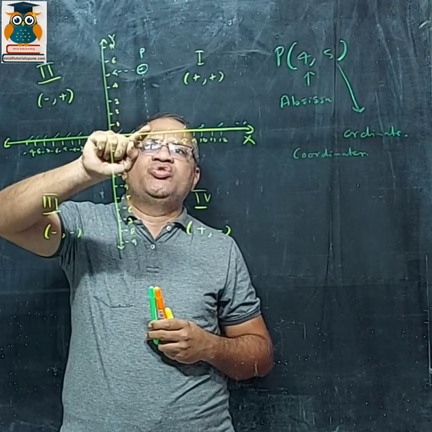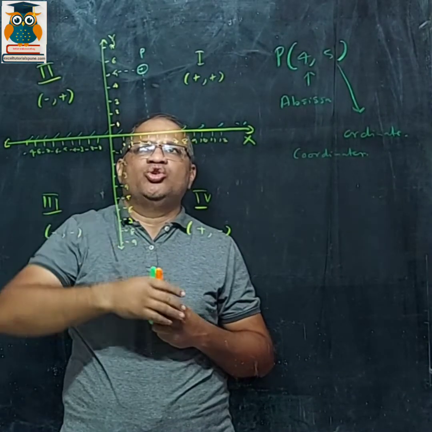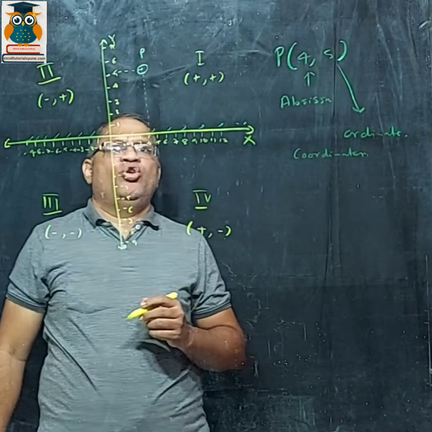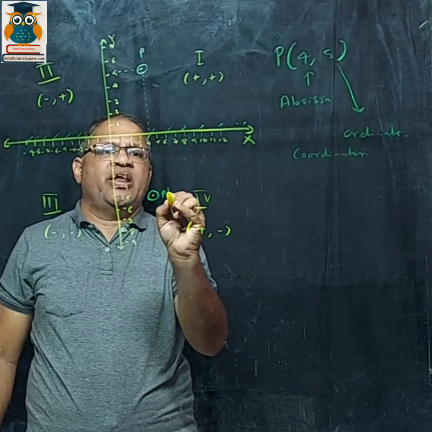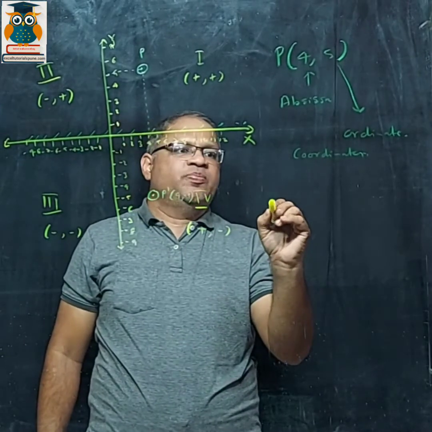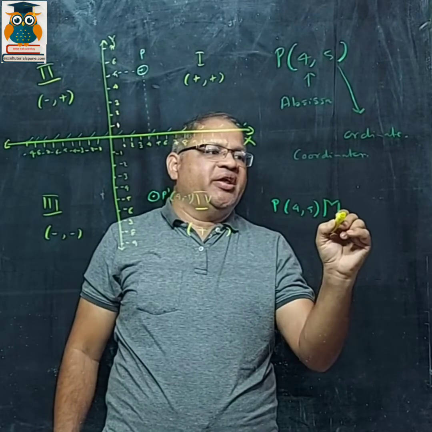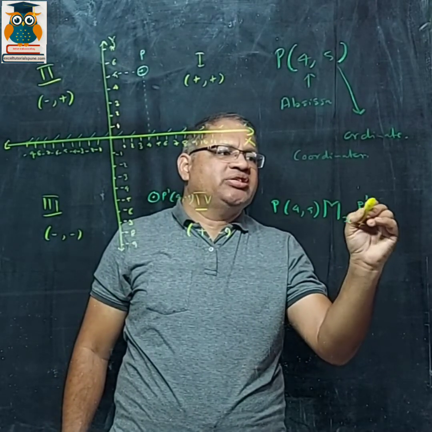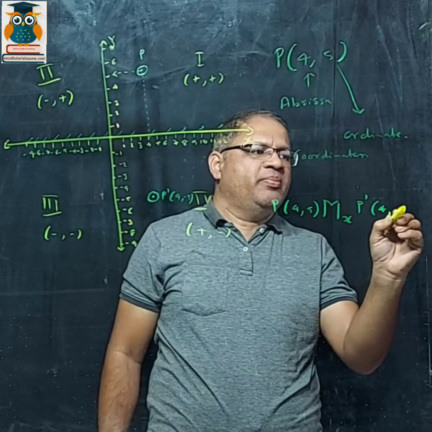How much ever distance from this side, that much distance within the mirror. So this point will come to 4 comma minus 5. So this is P dash, 4 comma minus 5. That means when this point 4 comma 5 is reflected in the x-axis, the y coordinate has changed. So it becomes 4 comma minus 5.